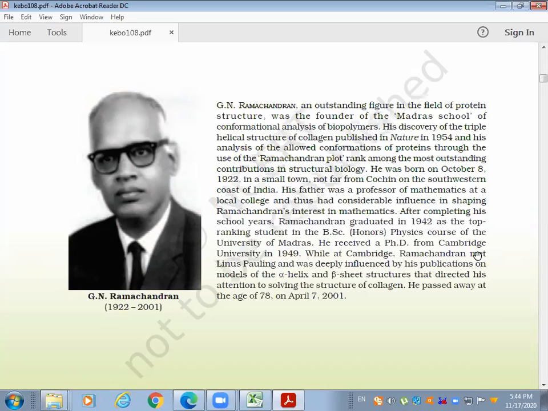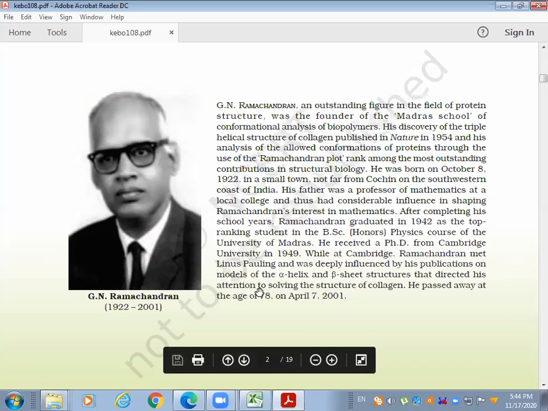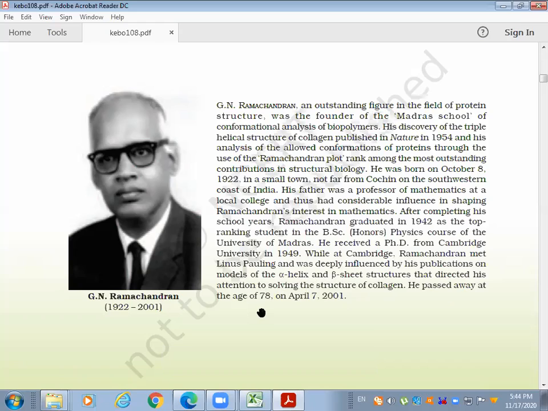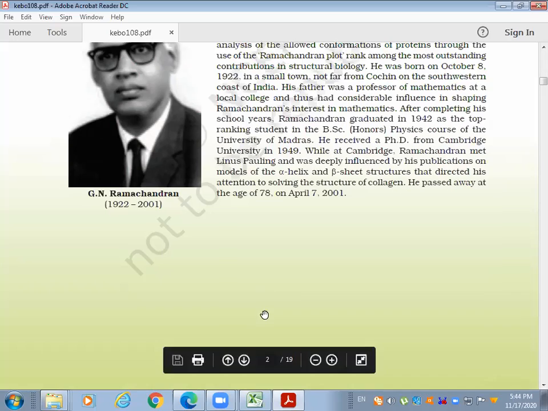At Cambridge, Ramachandran met Linus Pauling and was deeply influenced by his publications on the models of the alpha helix and beta sheet structures. He directed his attention to solving the structure of collagen. He passed away at the age of 78 on April 7, 2001. G.N. Ramachandran, 1922 to 2001.